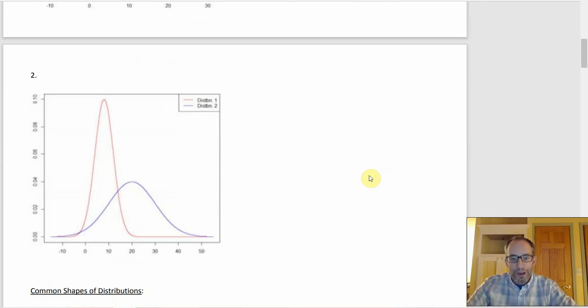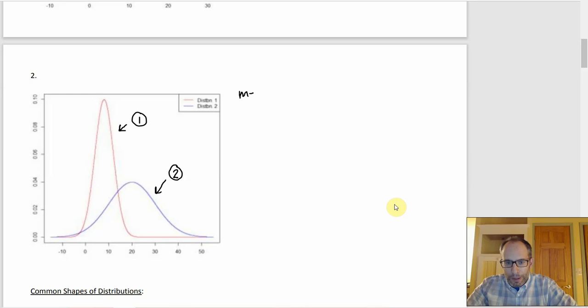So it looks like the mean of distribution 2, since again the blue one is 2 and the red one is 1, if you look at the key that's up there in the right corner, is greater. The mean of distribution 2 is greater. And so I guess we're just putting our true statements over here.